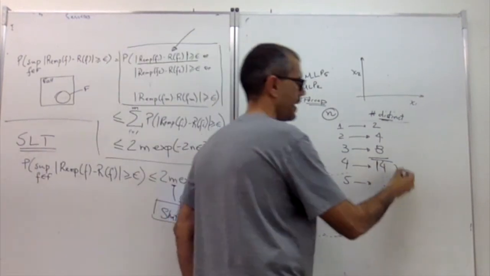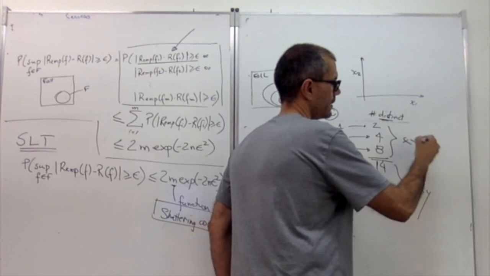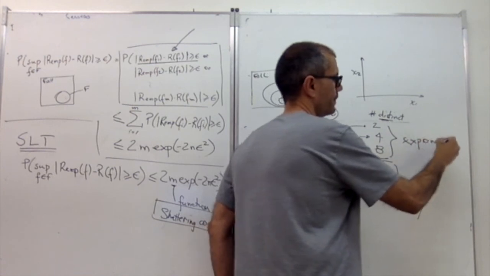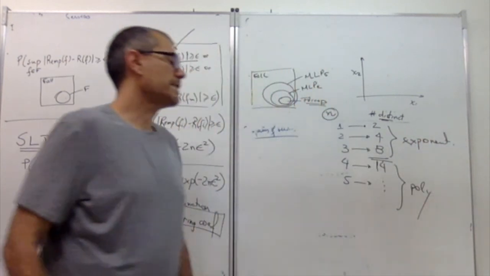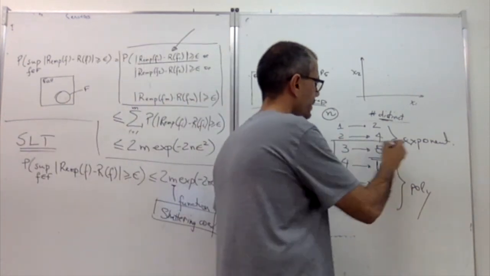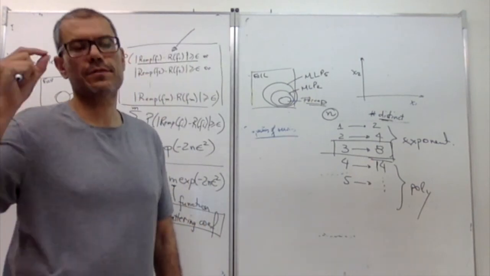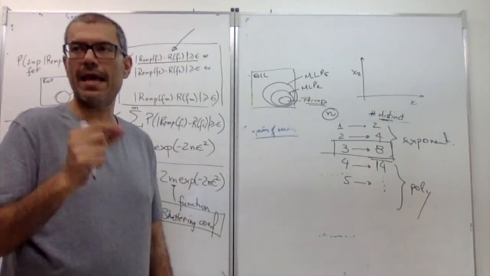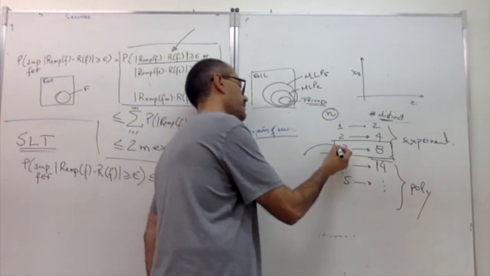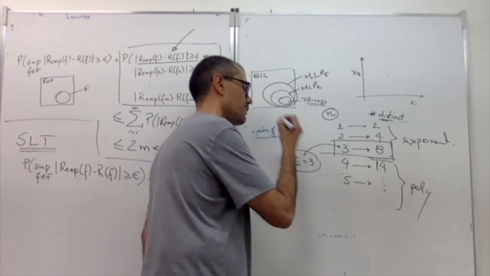It will behave as a polynomial function, while here it has this exponential behavior. The most important point here, the last sample size where we have the exponential behavior, is known as the Vapnik-Chervonenkis dimension, which in this case will be equal to 3.